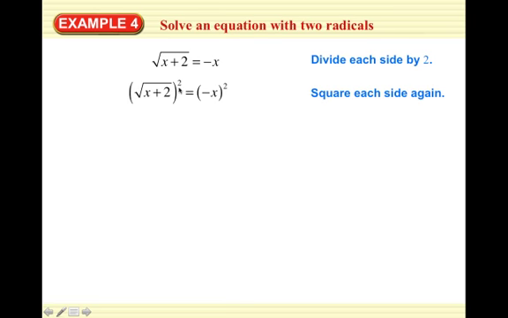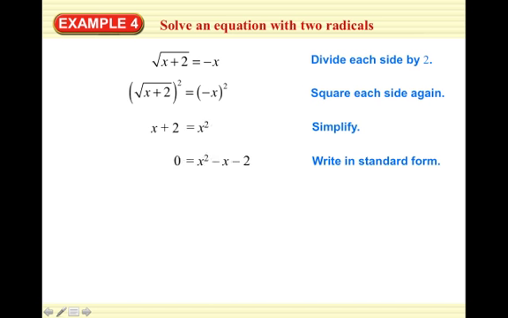Now, this time, everything on the left-hand side is underneath the square root sign. So square and square root is going to cancel. And so we have x plus 2. On the right-hand side, -x times -x is just positive x squared. So now we just want to put it in standard form. That means move everything over to the side with the x squared and have 0 on the other side.